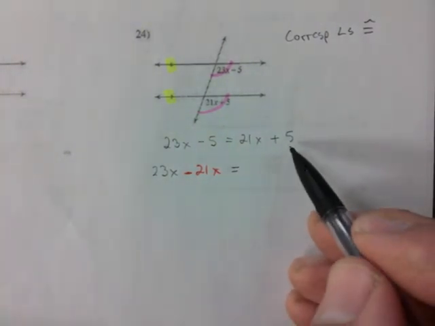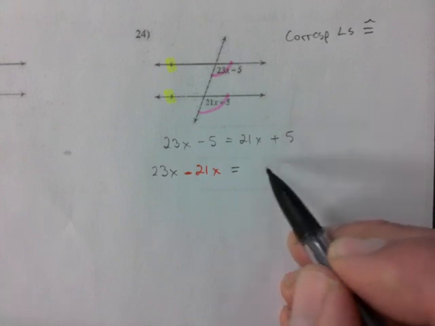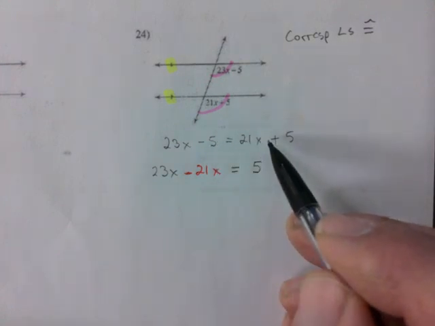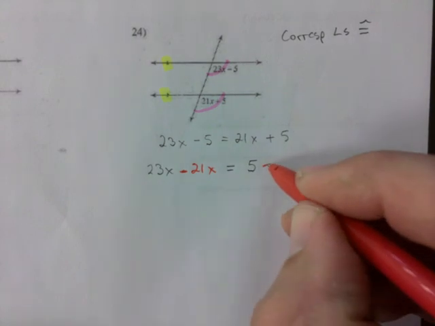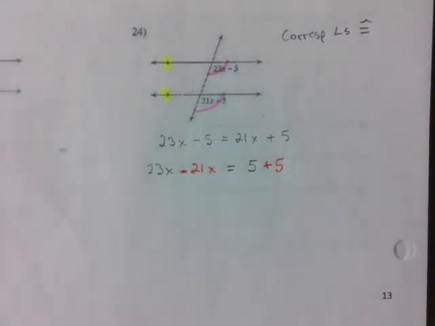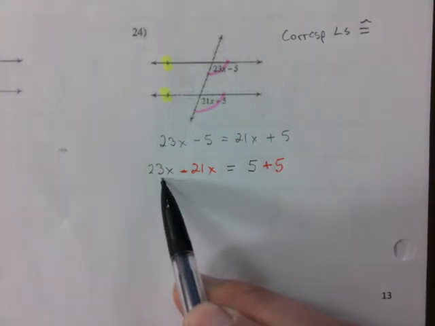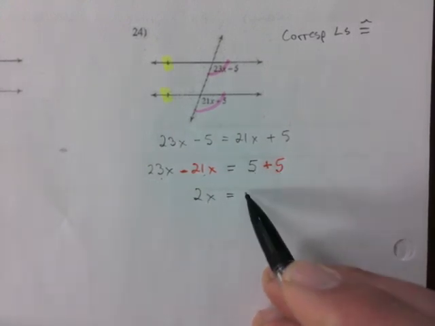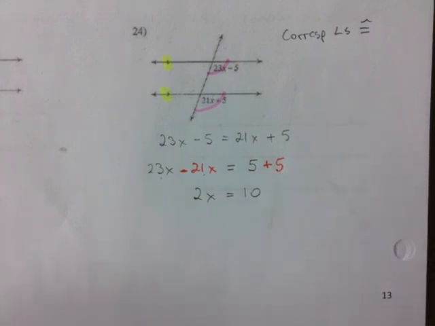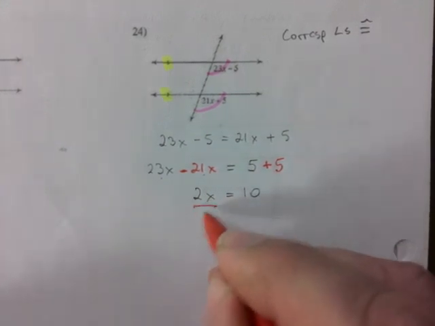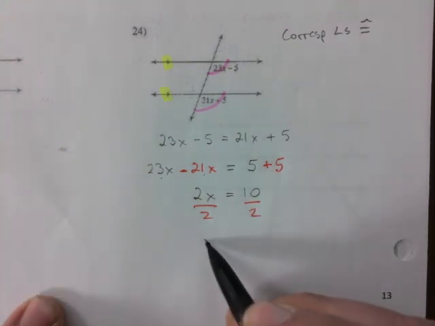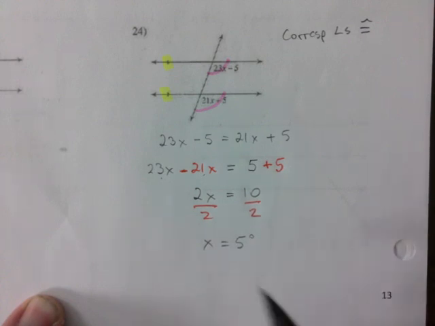On the other side, you already have this 5, so this other 5 will come over. When you cross the equal sign, you change sign, so it'll be plus 5. So 23x minus 21x, that's 2x. 5 plus 5 is 10. We now divide by 2, and x is equal to 5 degrees.